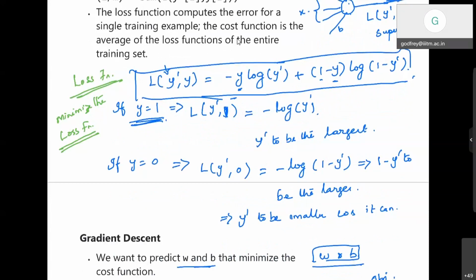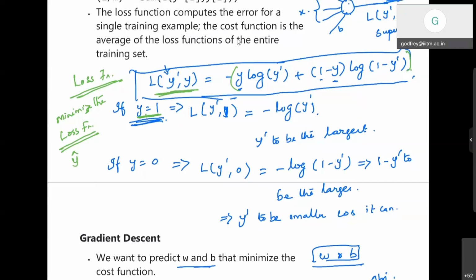Now, what will happen if the output is 1? If the expected output is 1, we want to minimize this loss function. So our actual output should be in such a manner that this function is minimized.